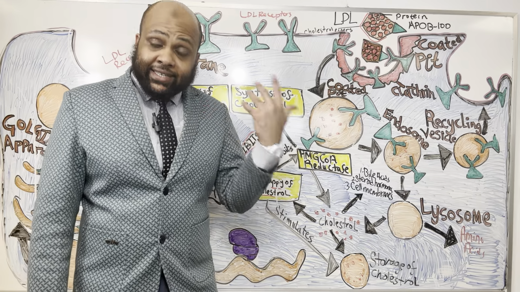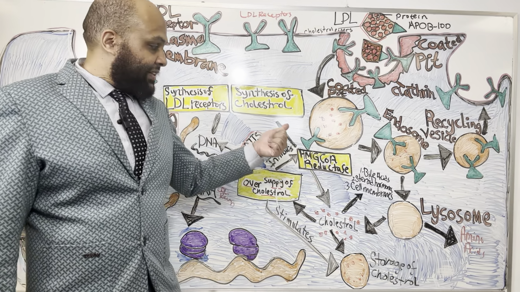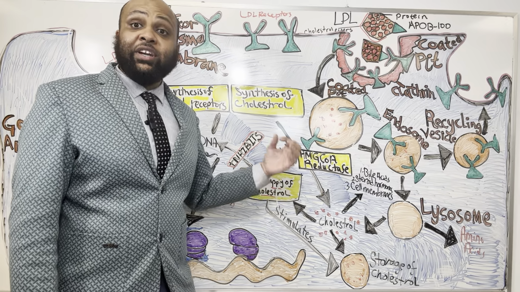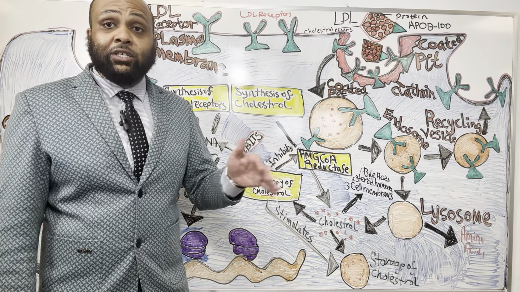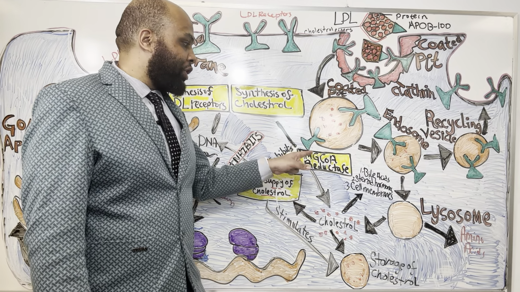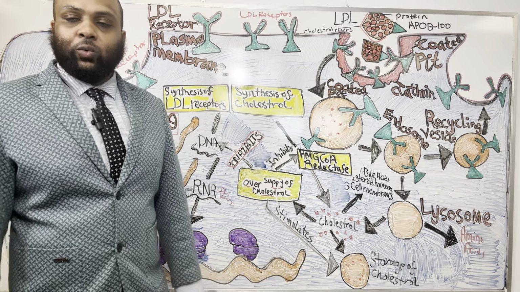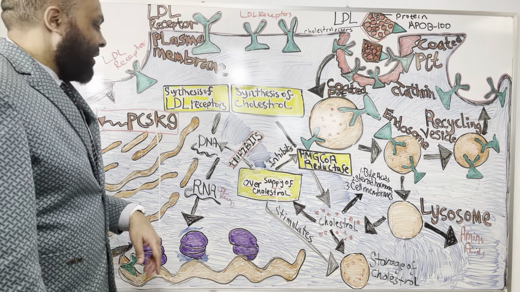So if we need cholesterol inside the cell, we activate HMG-CoA reductase, and then we get cholesterol. If we have already too much cholesterol, then we inhibit HMG-CoA reductase, and that will stop the making of cholesterol because we already have enough.